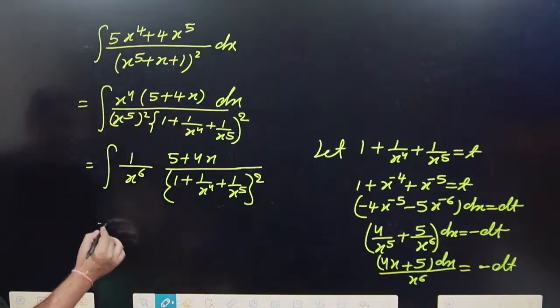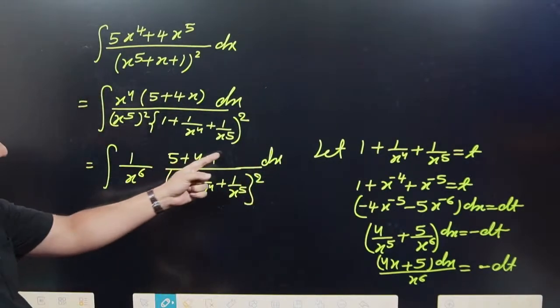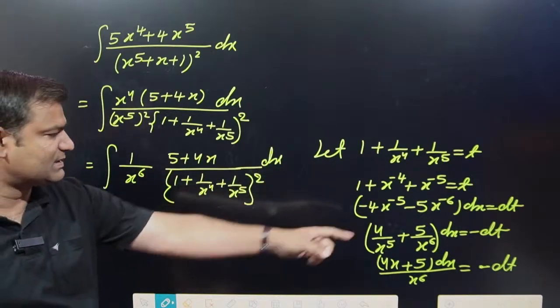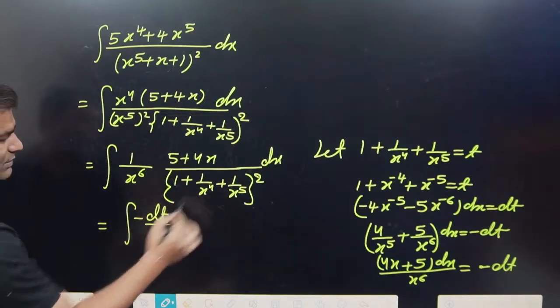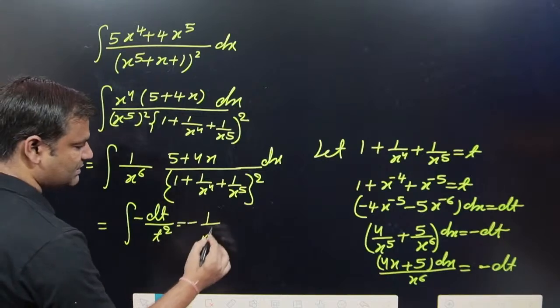Okay, now here dx. So (5 plus 4x) divided by x to power 6 dx is replaced by minus dt, divided by t square. So integration of that one is simply minus 1 by t.